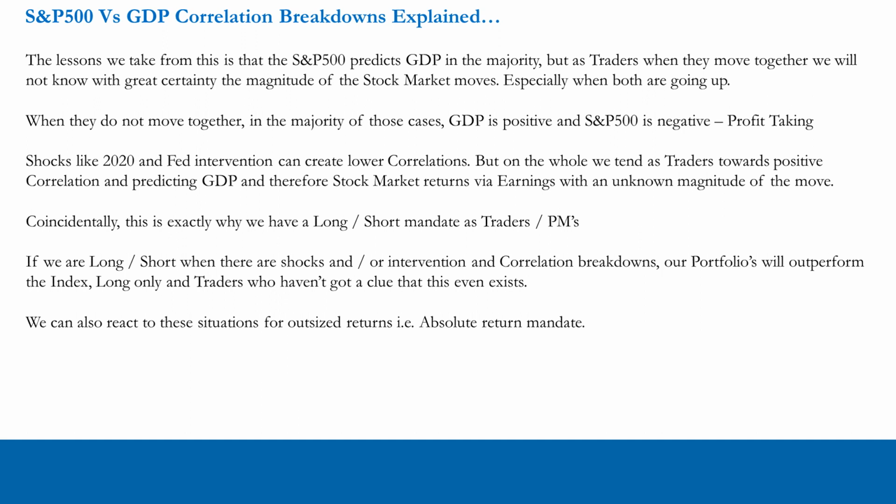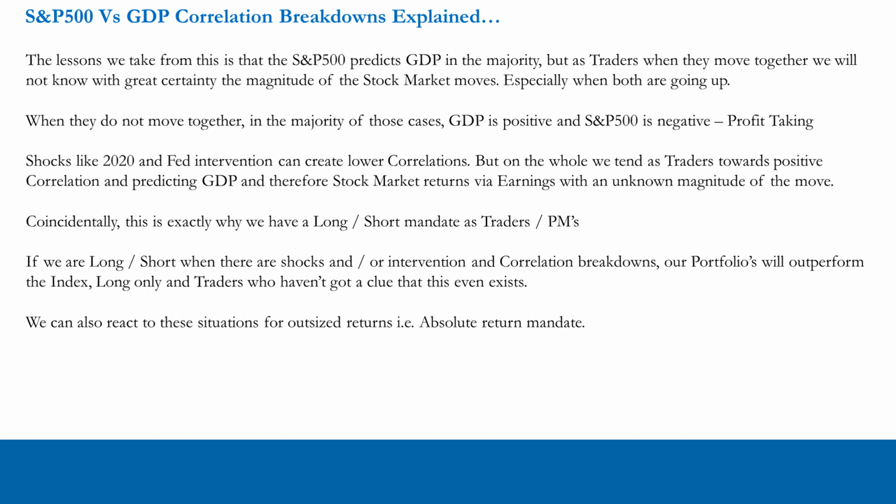So we know by taking the top-down approach, where we're trying to predict future GDP 6 months out, and we're utilizing stocks as a proxy to make money from our view on GDP and earnings.